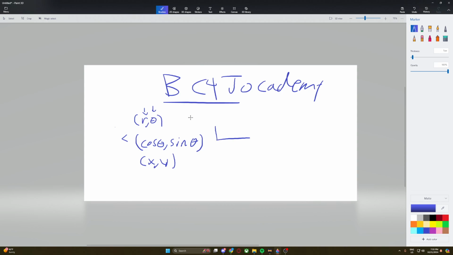So if the radius was 1 and I had an angle of 45, I would do this. If it was 215 degrees, which is around here, and then I would go all the way to 2.